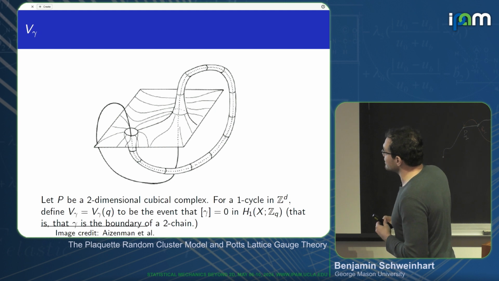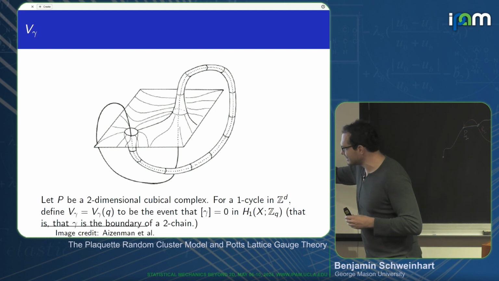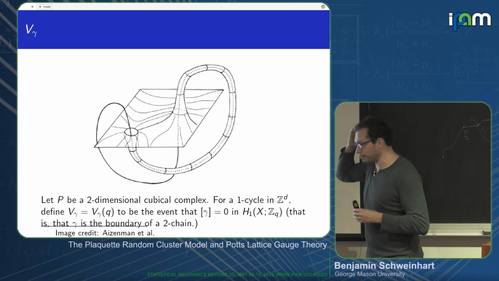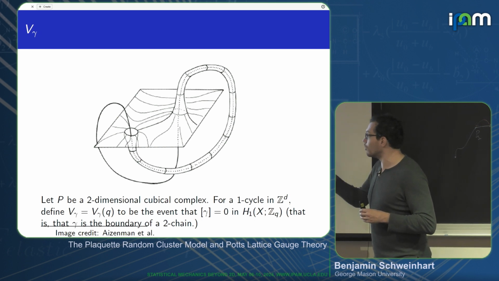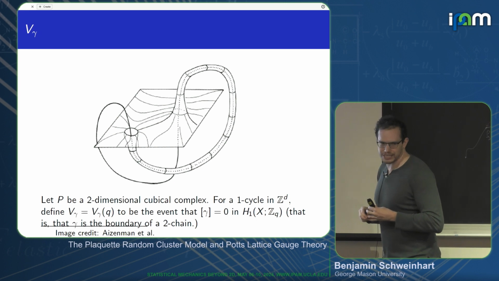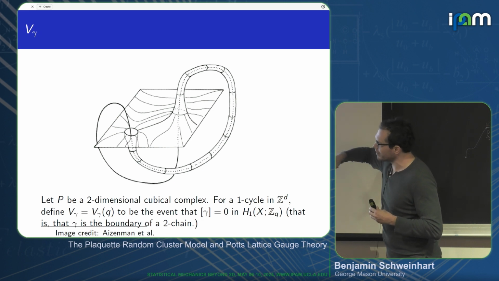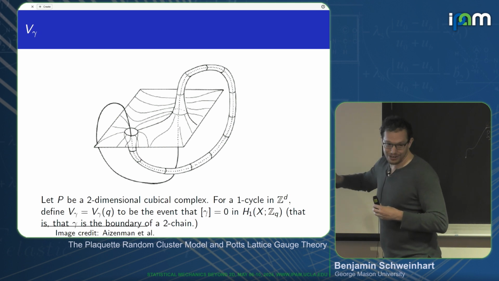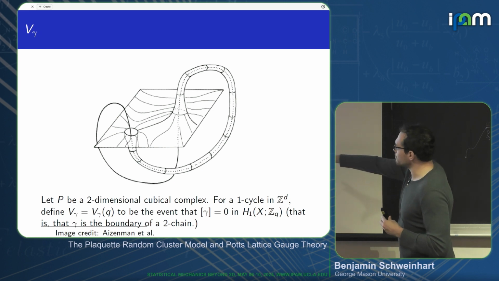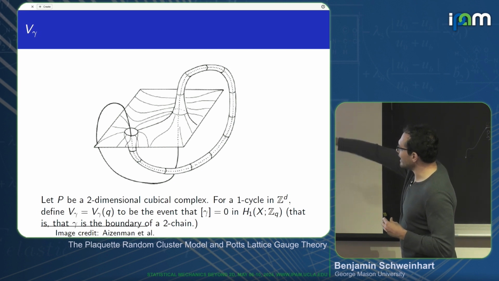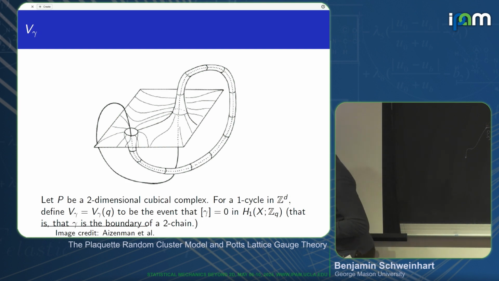And also I wanted to point out in this figure that in codimension 1, for two-dimensional plaquette percolation on Z^3, we have a nice dual characterization of it, which is that the event V_gamma occurs precisely if there is no dual loop whose linking number is non-zero modulo Q. Okay, that's a mouthful, but you can just see in this picture that you have a loop, your dual loop shown here, that goes through the tube.